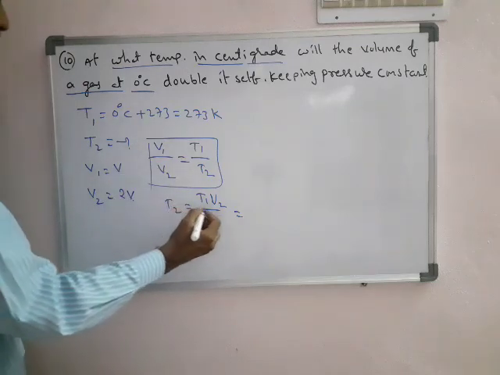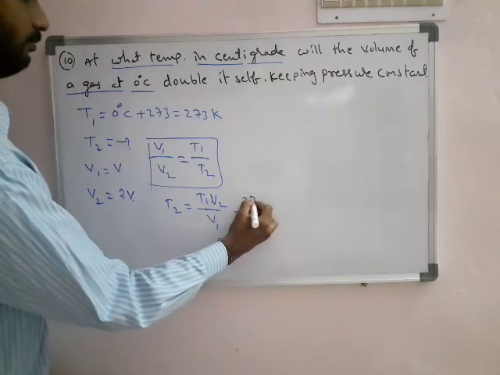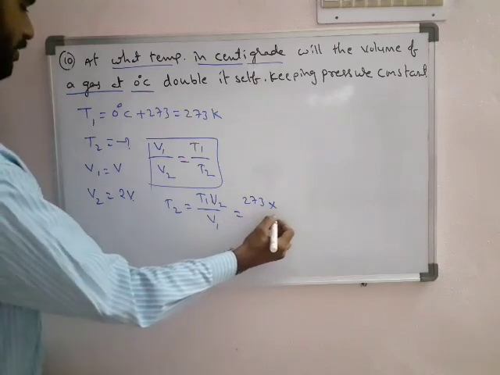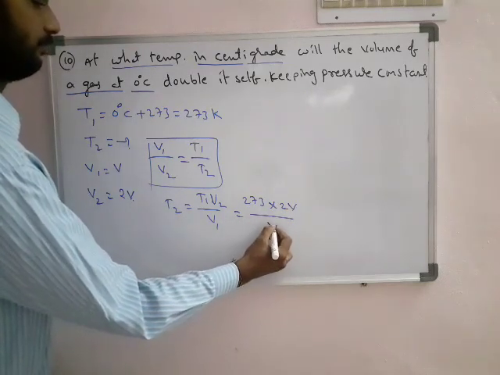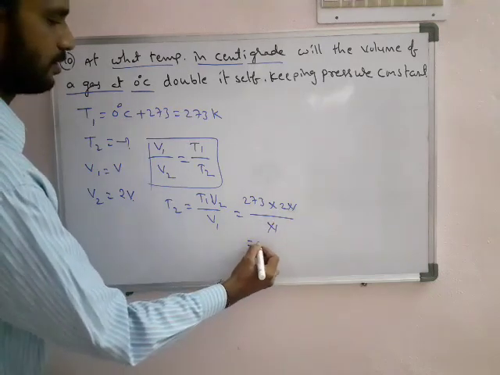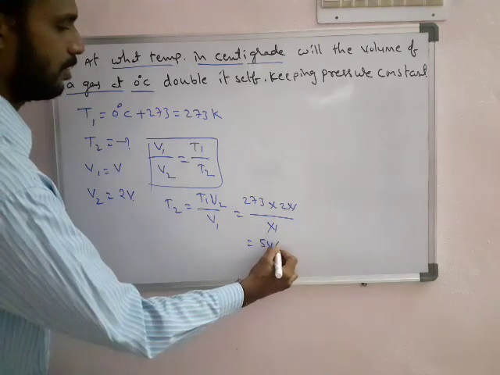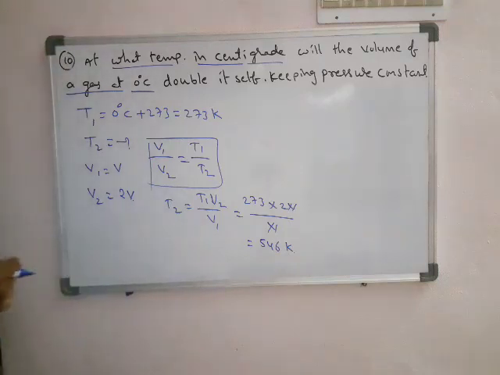What is T1, what is V2, what is V1? That becomes 546 Kelvin.